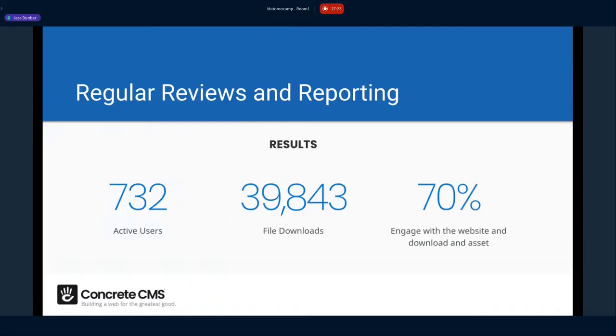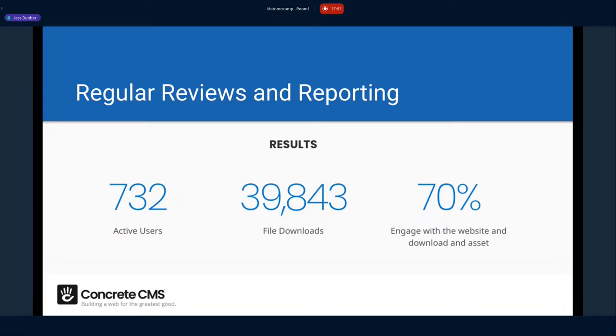So what does success look like? After launch, regular reviewing and reporting is essential. So we started to evaluate metrics and compare them with benchmarks, and shared reports with stakeholders to gather feedback for continuous improvement. Shortly after the launch, there were 732 active users using the new DAM system.